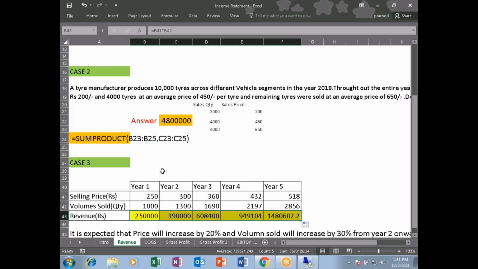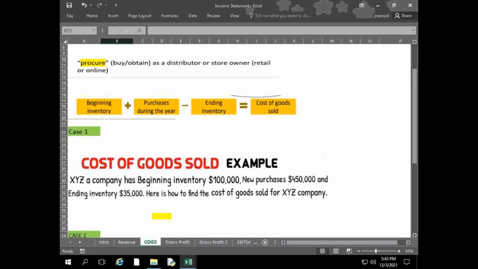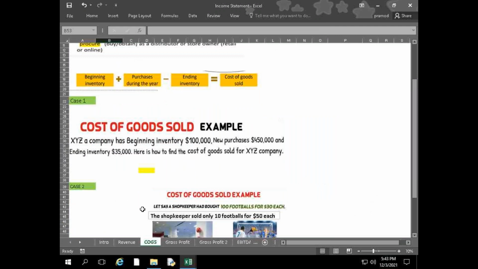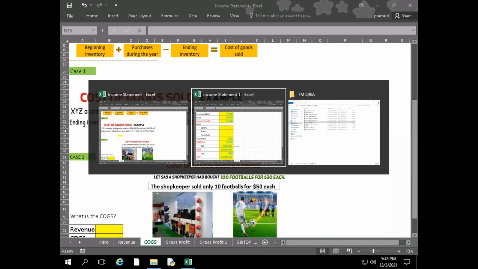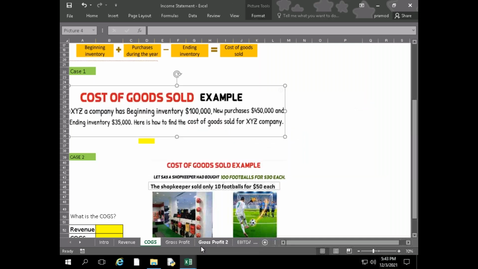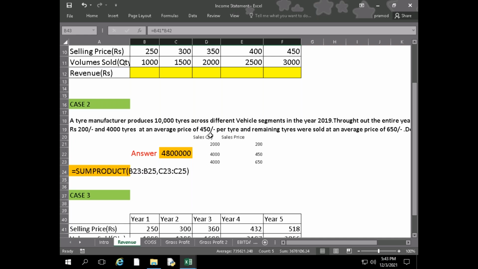So finished, everyone doing the revenue? Okay, do the next, COGS. Sir, in case 2, what we have to do, sir? In case 2, you just find out the revenue.